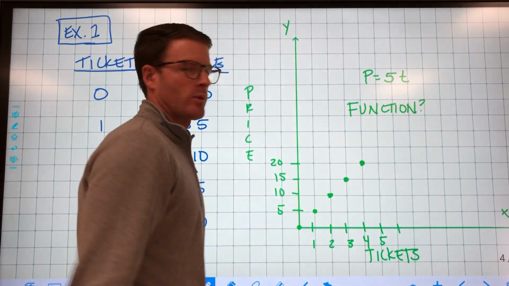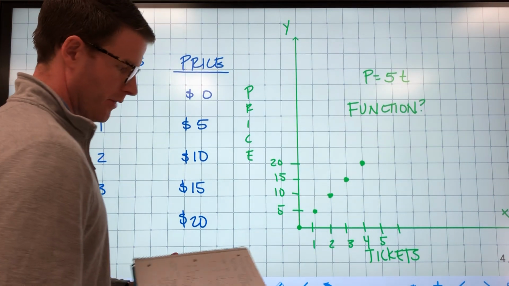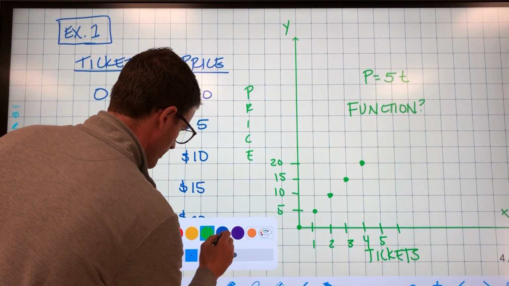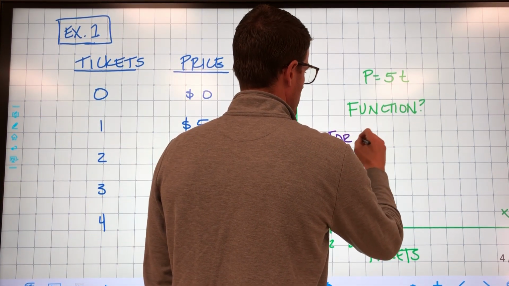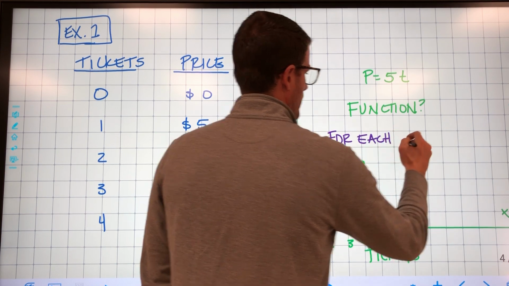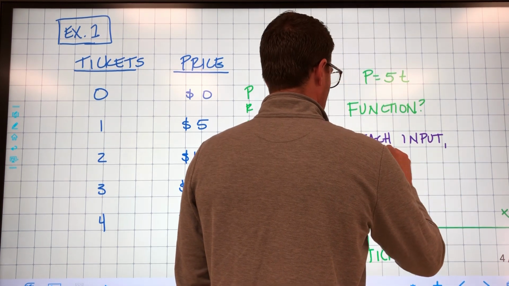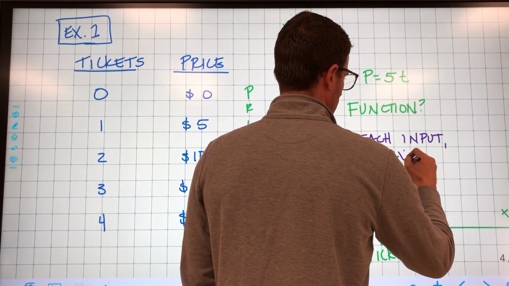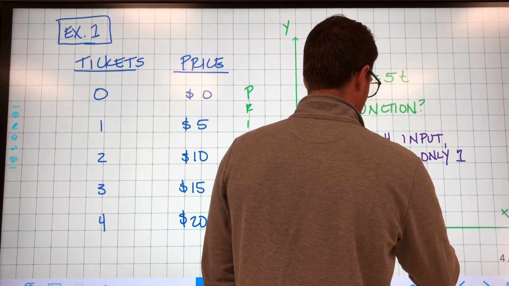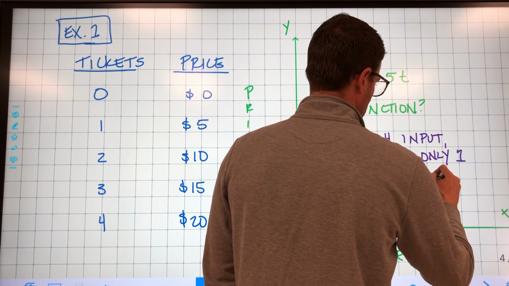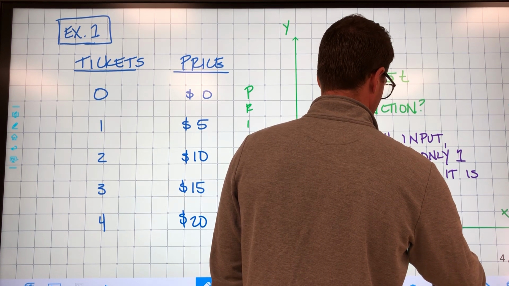So here's the first way that we determine if something is a function or not, and you may remember this. If for each input I have only one output, it is a function.